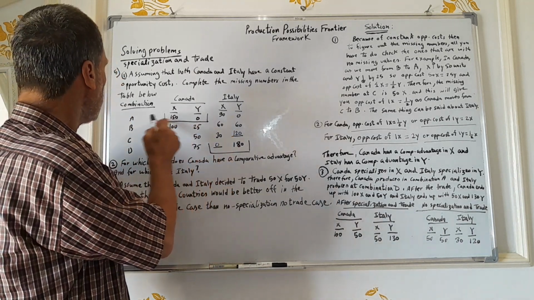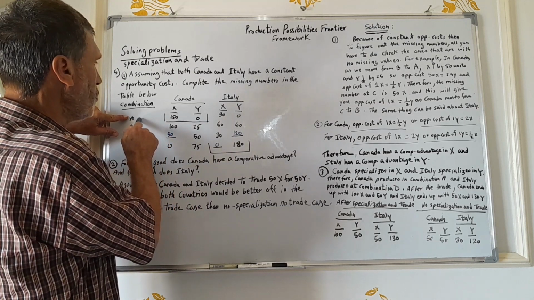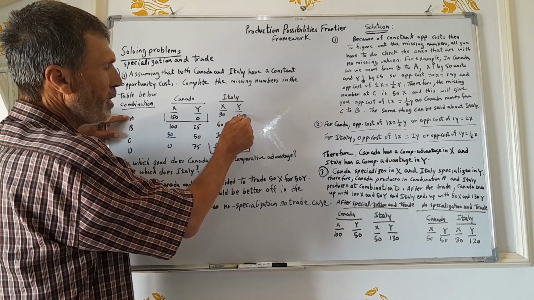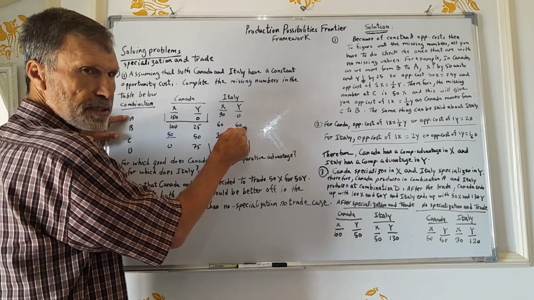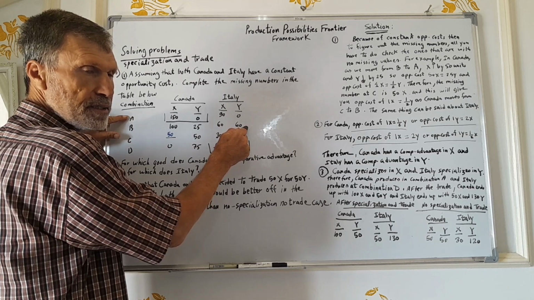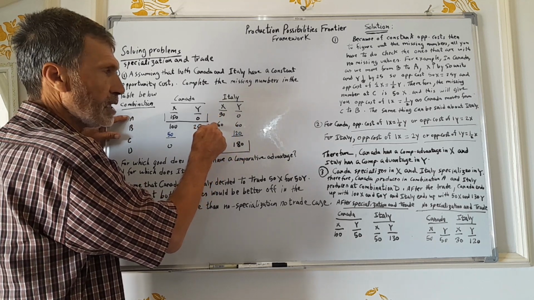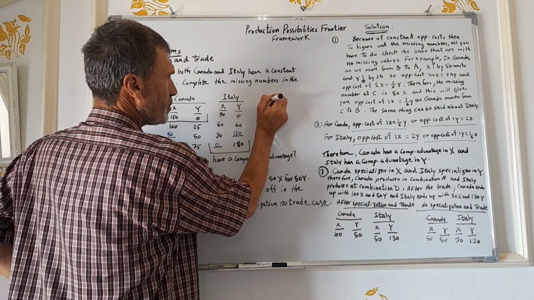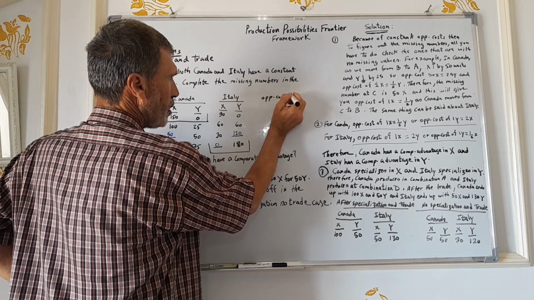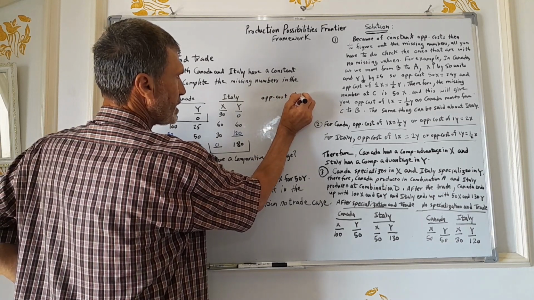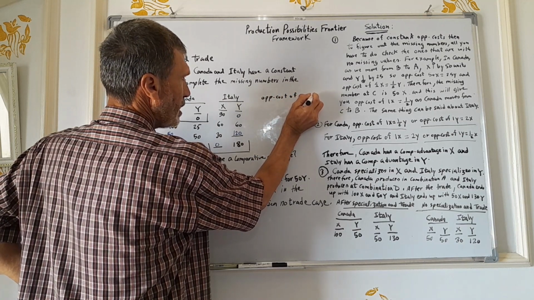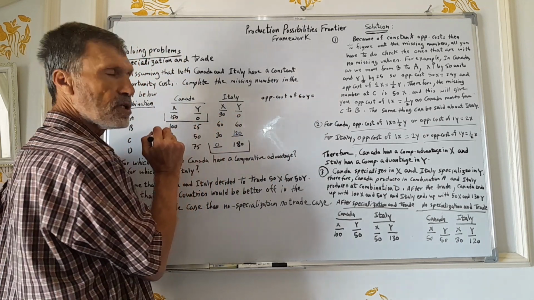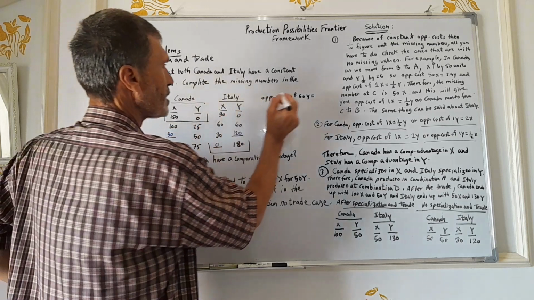So we come here and say, as we move from A to B, what happens? Y increases from 0 to 60. However, x decreases from 90 to 60. So what do we say here? The opportunity cost of 60 y is equal to what? Because x decreases from 90 to 60, it equals 30x.